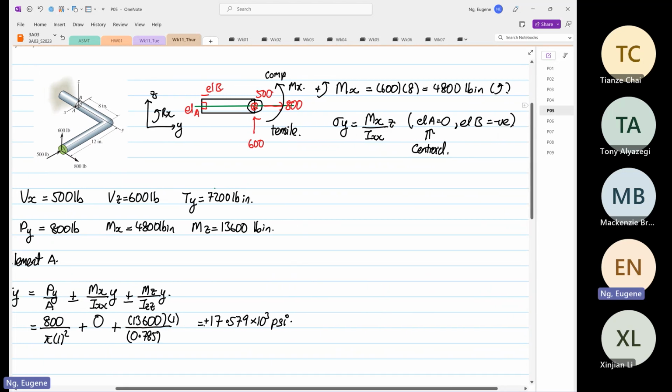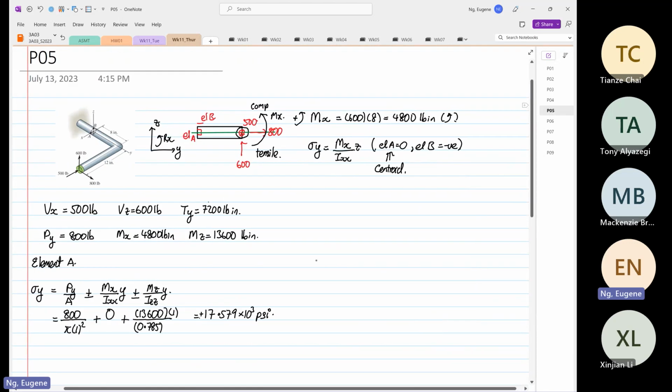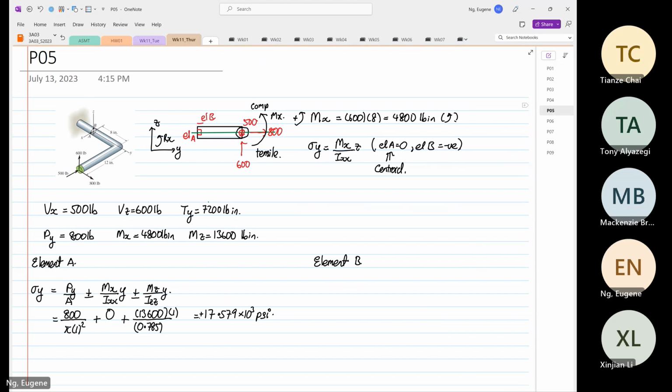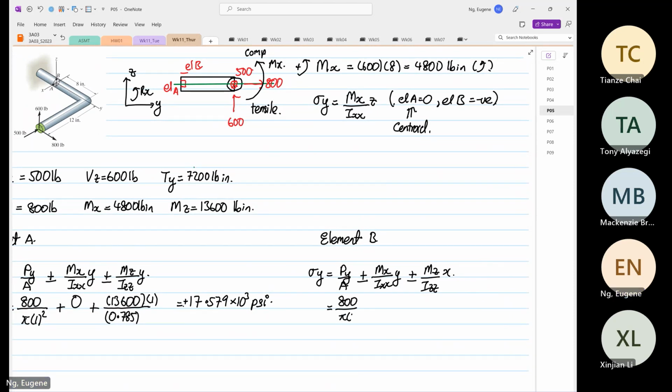So now let's do element B. Again, I'm going to do it on the side over here, element B. So stress Y is equal to Py over A, plus or minus Mx over Ixx multiplied by Y, plus or minus Mz over Izz multiplied by X. One thing for sure, the Py over A is the same, so 800 divided by pi 1 squared.